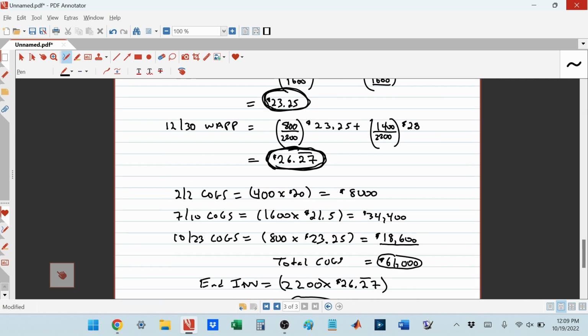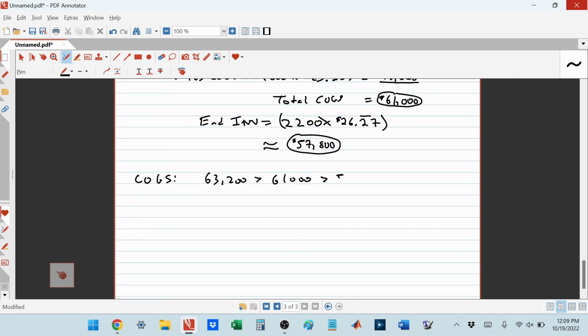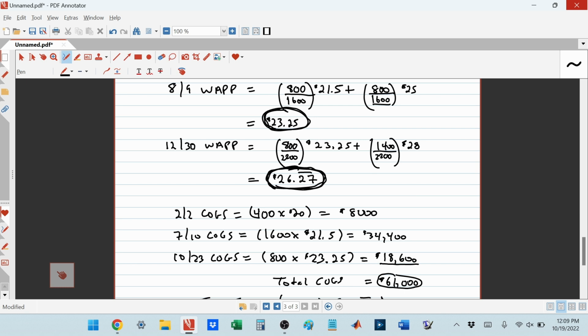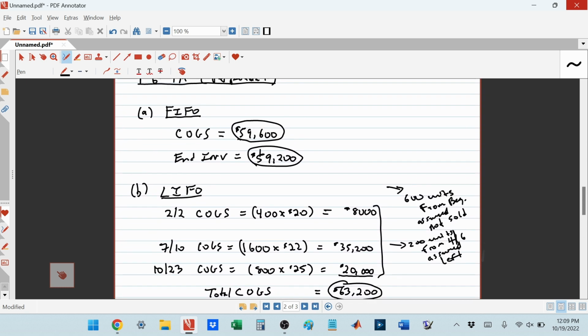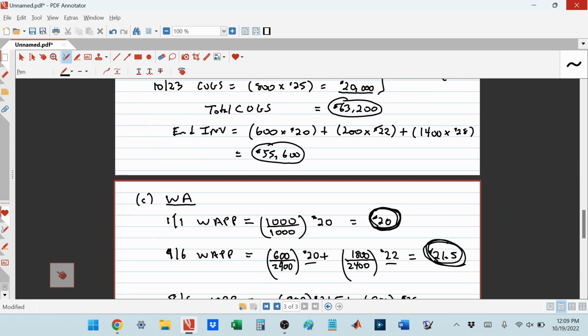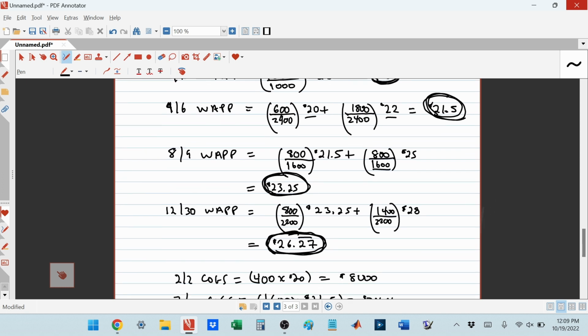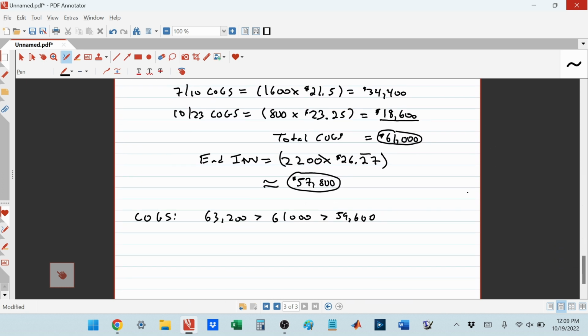That's good. It doesn't mean, though, that we didn't make an error. But at least if this inequality didn't hold, we know for sure we made an error. And that would give us an indication that we need to go back and recalculate something. And then for ending inventory, our LIFO ending inventory should be the smallest of the three. So 55,600, that's the LIFO ending inventory.